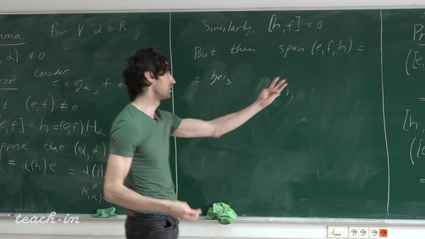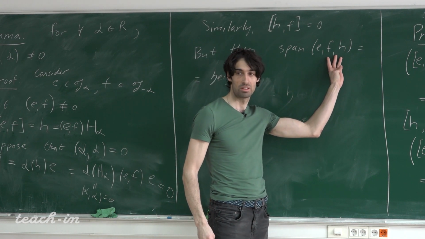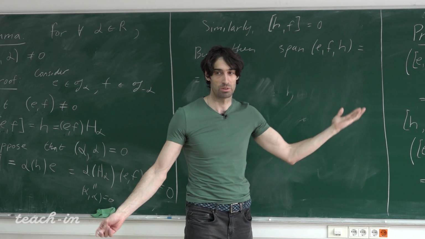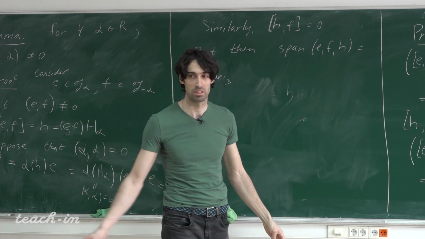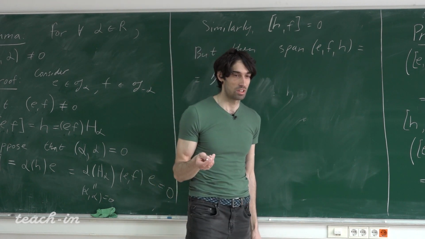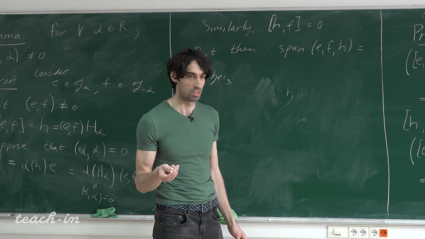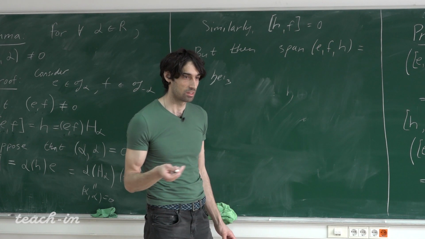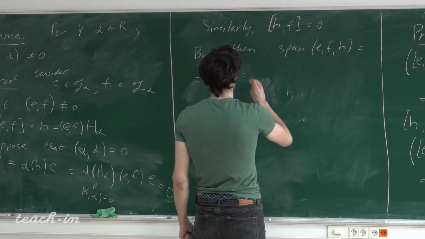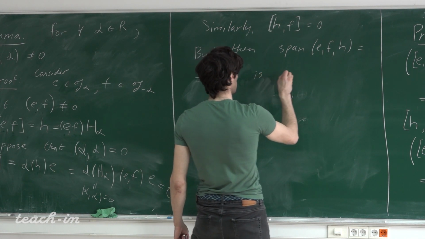Still, you have a basis consisting of three elements. They are all not zero, and they're linearly independent, so three-dimensional. Anyways, the main point is that it is solvable, and that we know from lecture 1. So it is solvable.